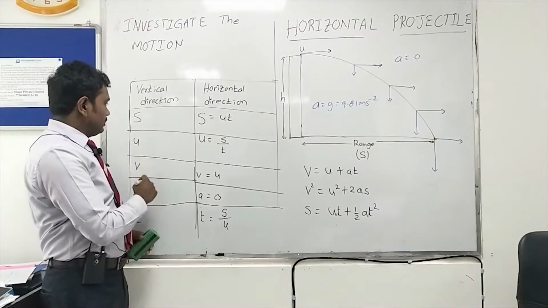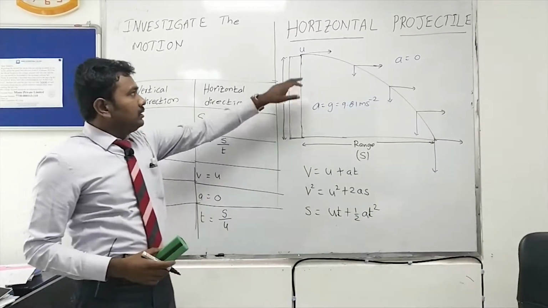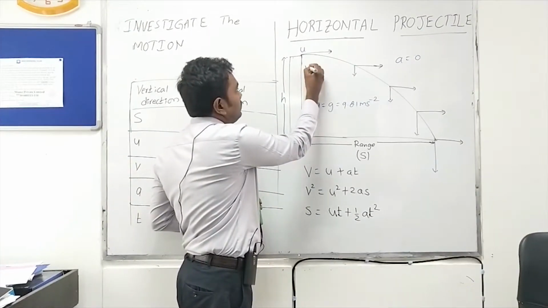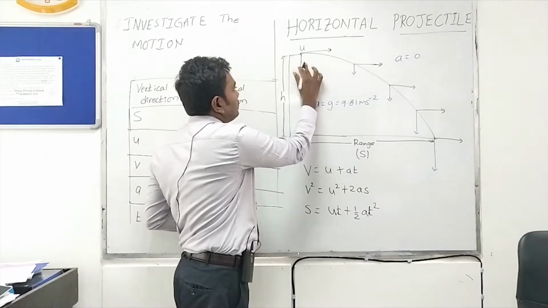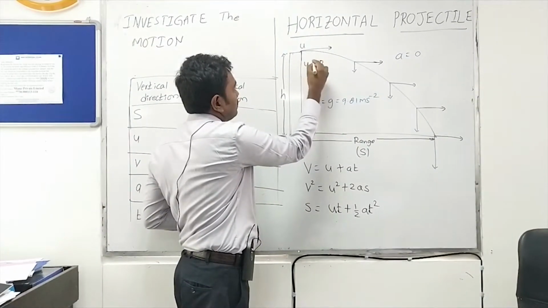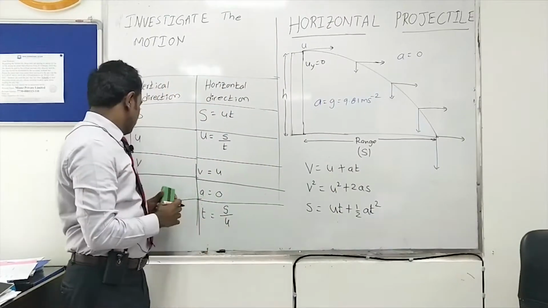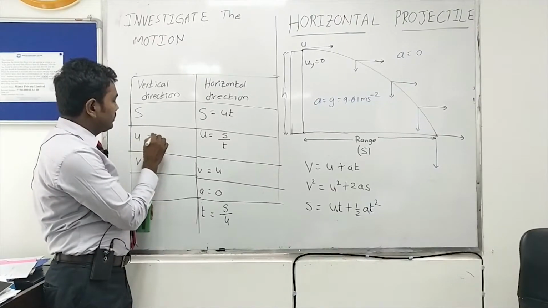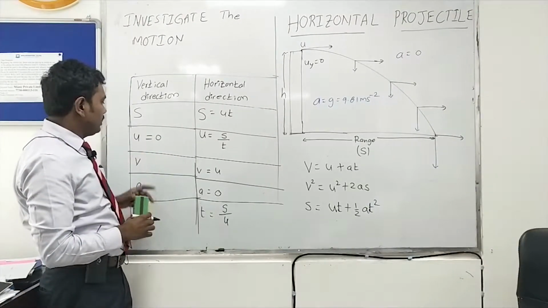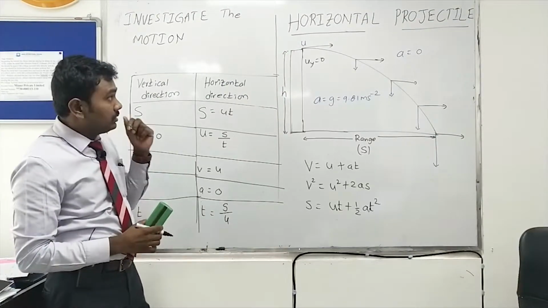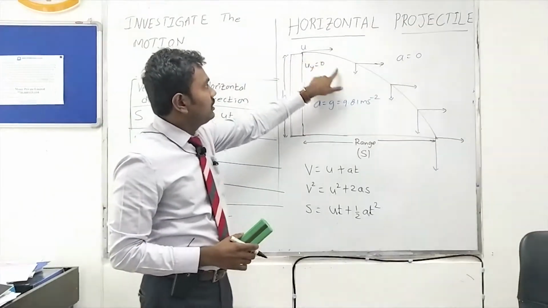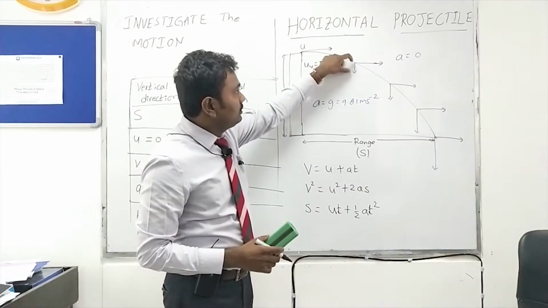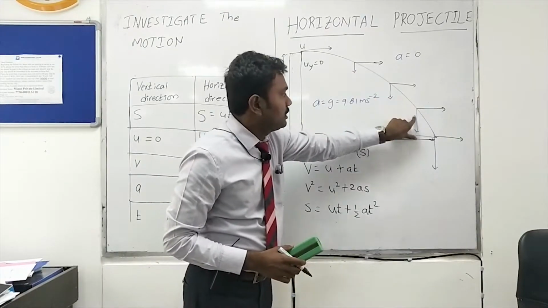Fine. In the vertical direction, the projectile is a freely falling object. It means there is no initial velocity in the vertical direction, so the initial velocity in the vertical direction is 0. However, the final velocity can't become 0, because as time goes on, the velocity in the vertical direction keeps increasing and becomes maximum here.